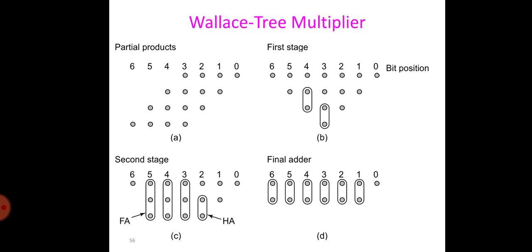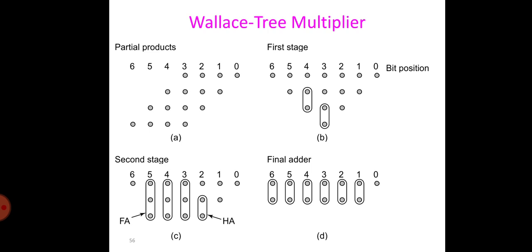To arrive at the minimal implementation, we iteratively cover the tree with the FAs and HAs, that is full adders and half adders, starting from the densest part. In the first step, we introduce HAs in columns 4 and 3, and this reduced tree is shown in the third diagram. A second round of reductions creates a tree of depth 2.